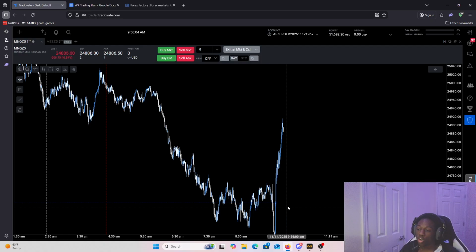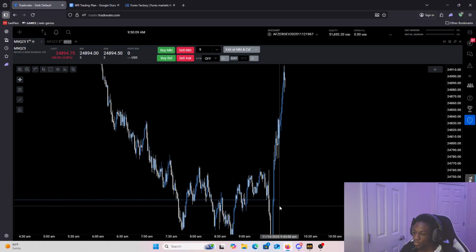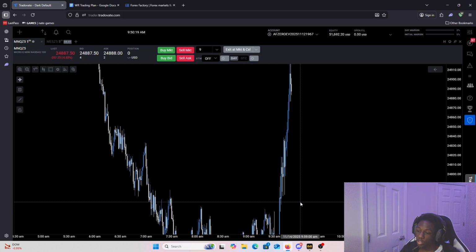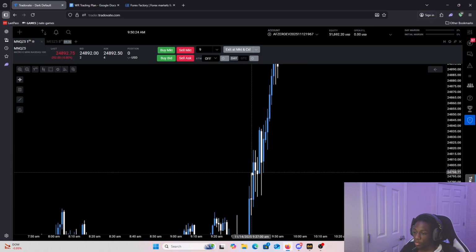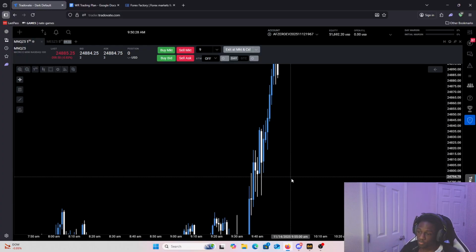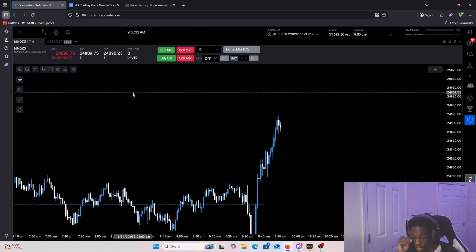I already knew that once it got past this area, how it kind of pushed up past here, I should get ready to go long. However, it just wasn't time yet. It literally was like 9:35. So because of that, I missed out a little bit on a move. However, it's fine because I was able to get in on the down move here, or whenever I got in. Very good trade.